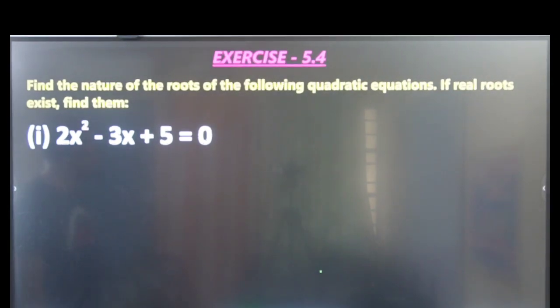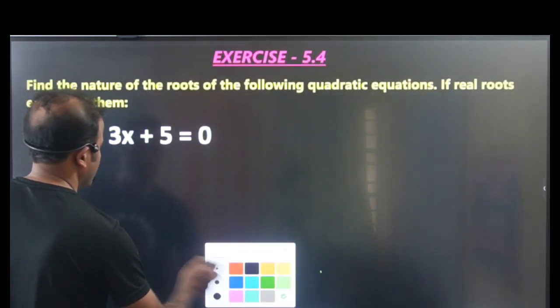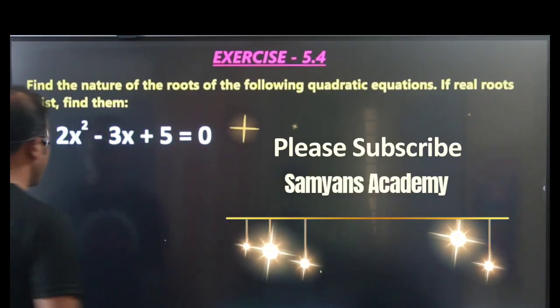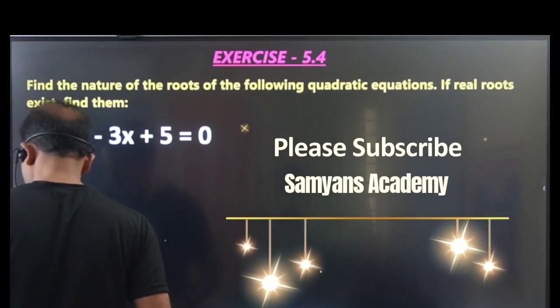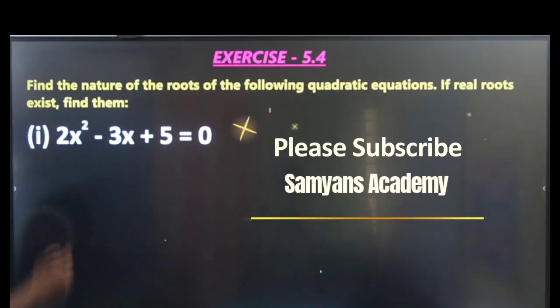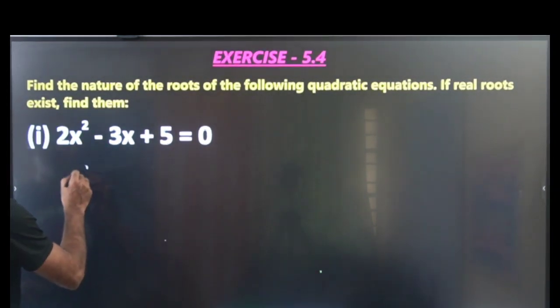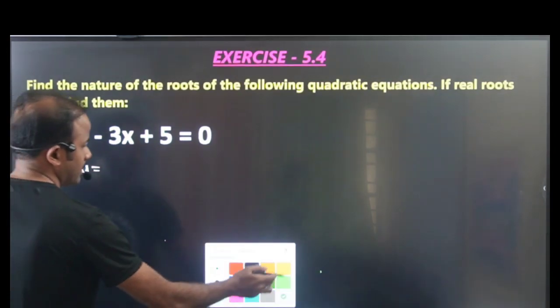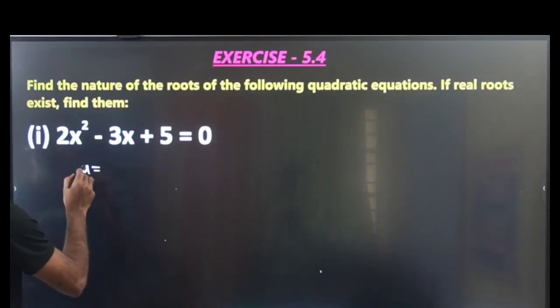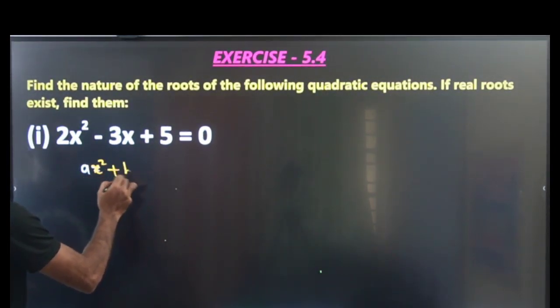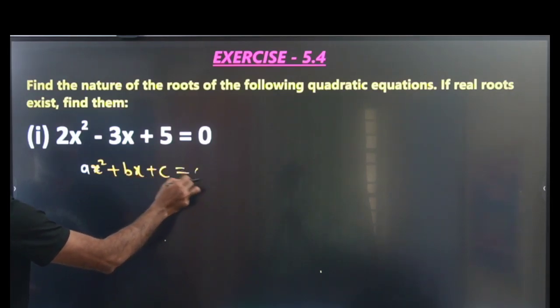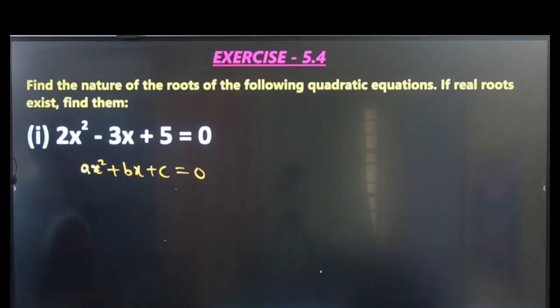Here we have the equation 2x square minus 3x plus 5 equal to 0, where a equal to 2.